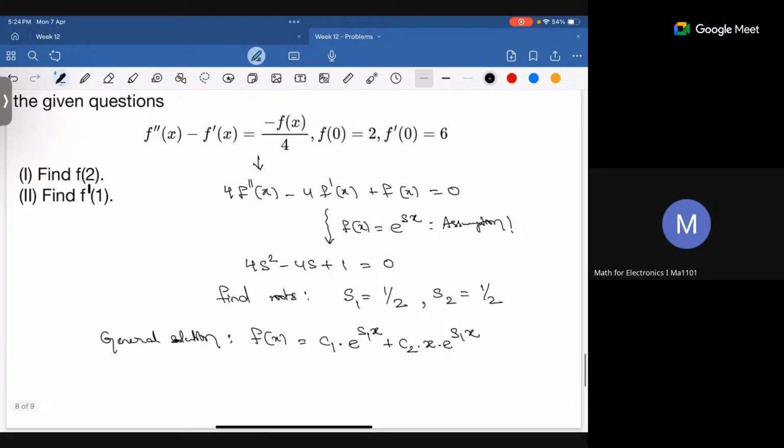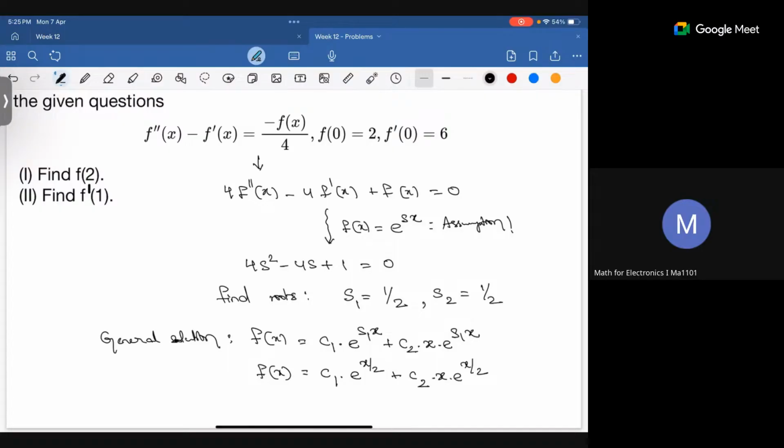So here s1 and s2 are the same. Okay. So now once we have this, here s1 is half. So this will be c1 e power x by 2 plus c2 x into e power x by 2. The only things that you have to find now are c1 and c2.